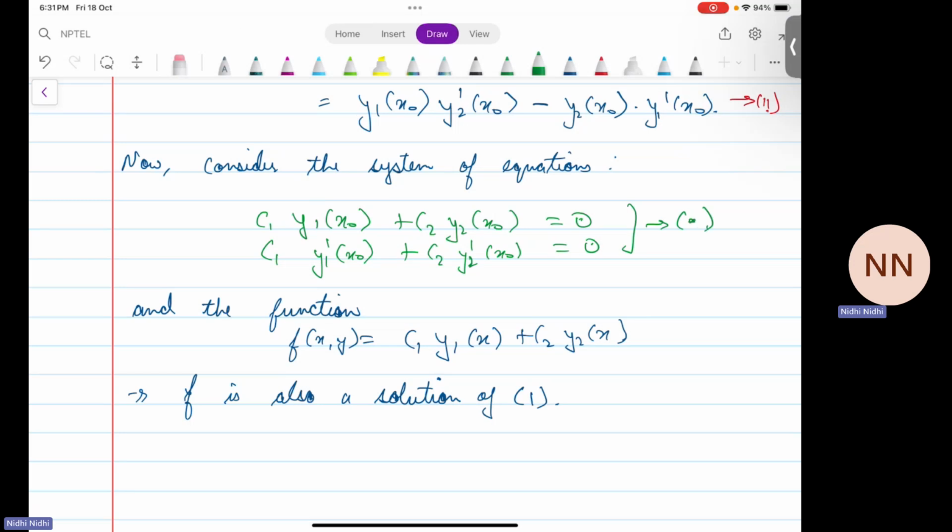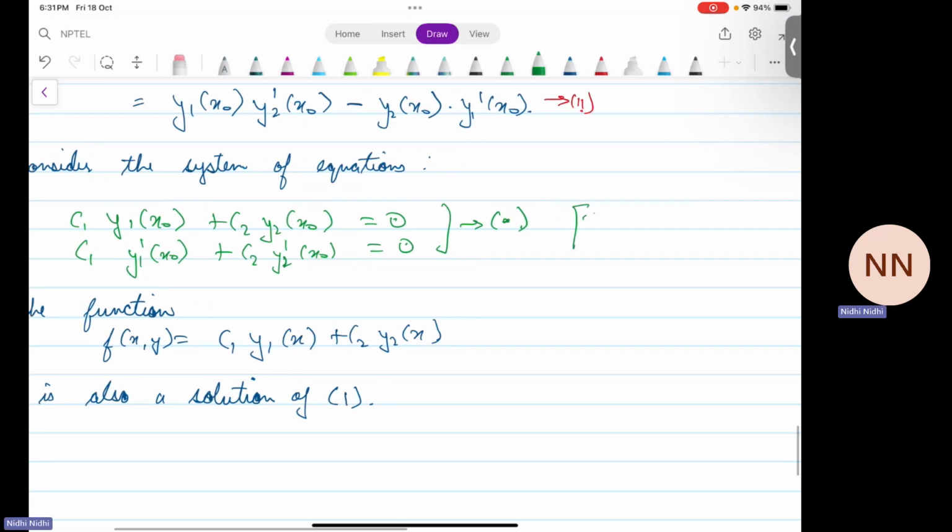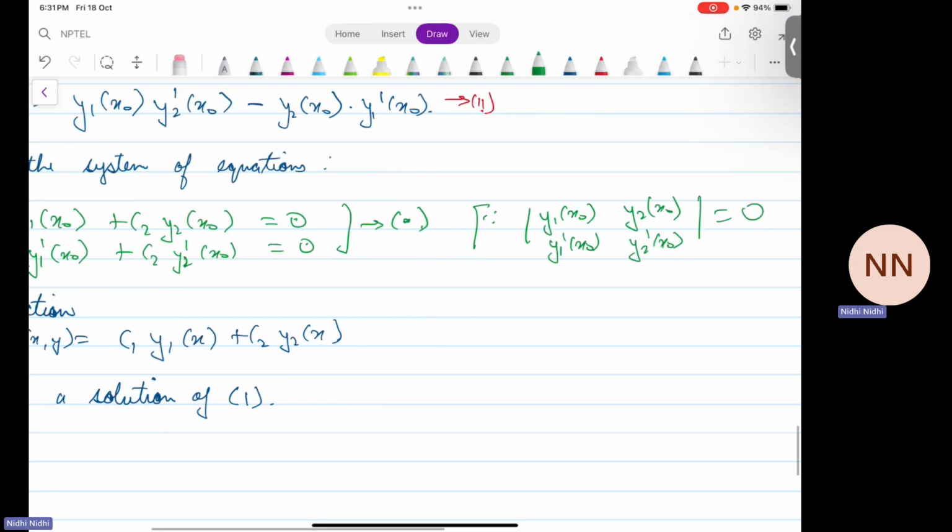We can see that since the determinant of y1 x naught, y2 x naught, y1 dash x naught, y2 dash x naught is 0, this homogeneous system has a non-trivial solution.